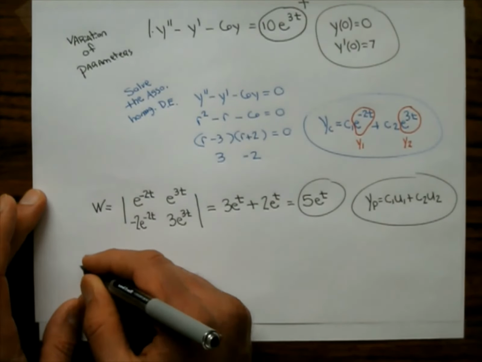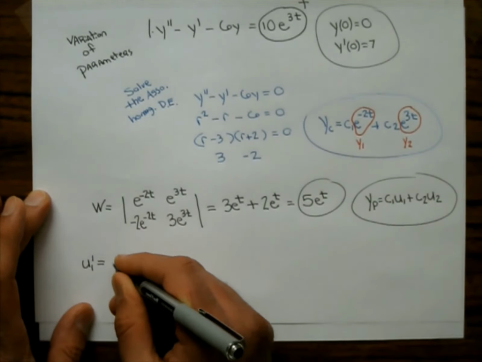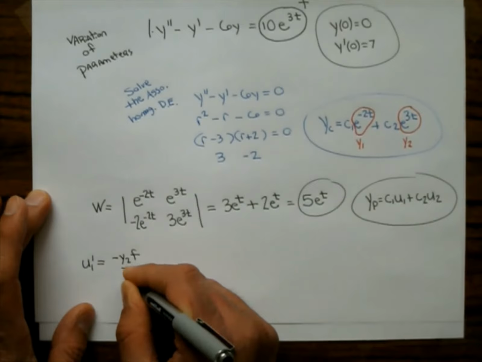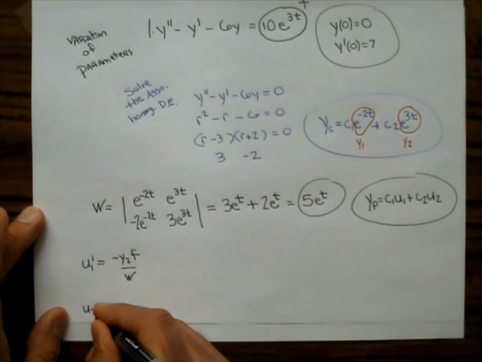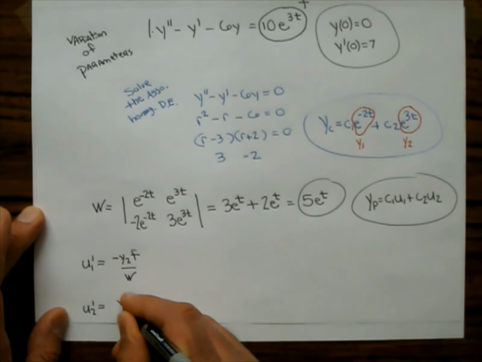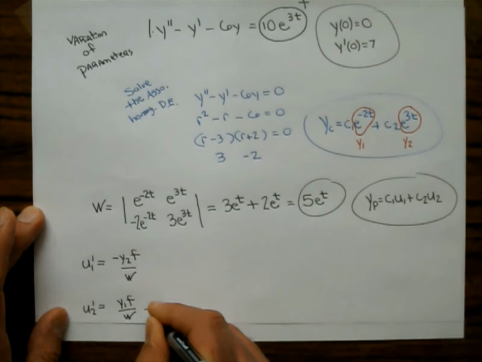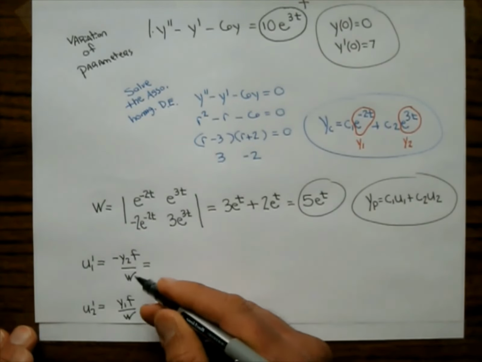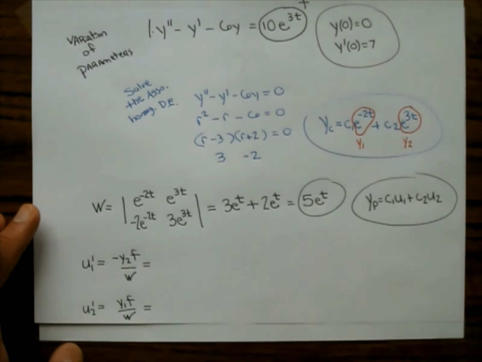And really what we do is we grab onto the formulas here. So U1 prime actually equals negative y2f over Wronskian. So we kind of derive that. And then U2 prime is y1f over Wronskian. And if this were still a person-to-person, face-to-face class, this would be something you would have to memorize for the exam. But, oh well, as it goes, let's go ahead and continue this.